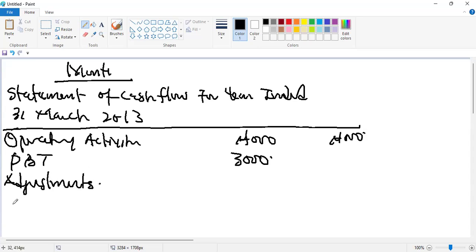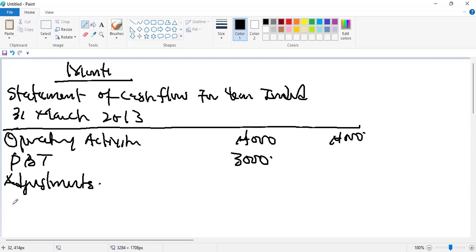What did they report in the non-current asset? I'll go and check. They report PPE and deferred development expenditure. So for PPE, we depreciate, and deferred development expenditure we amortize. Where am I going to get the figure relating to this?